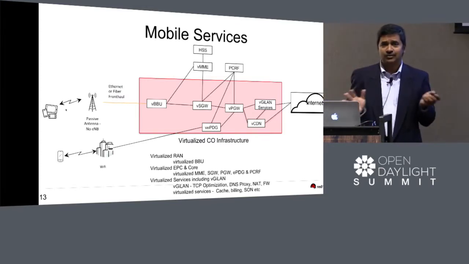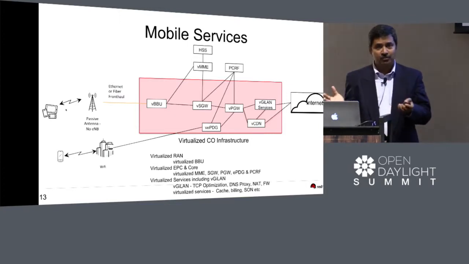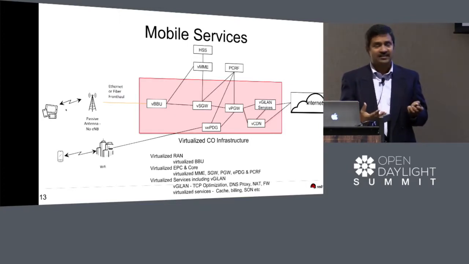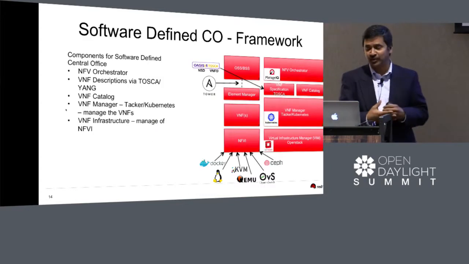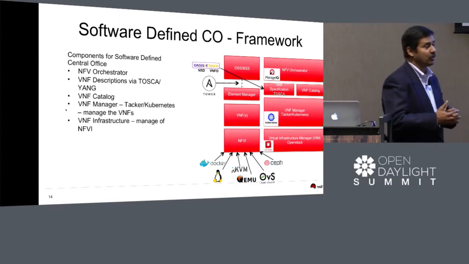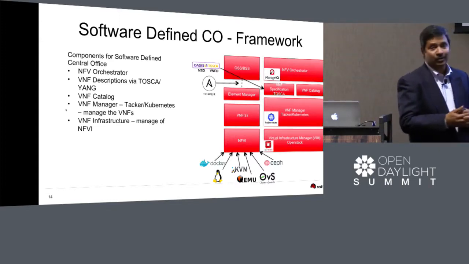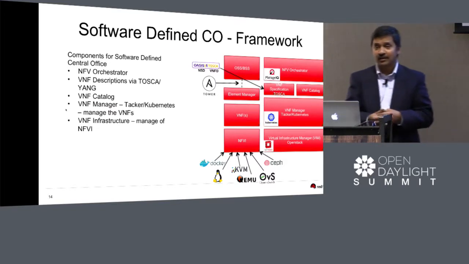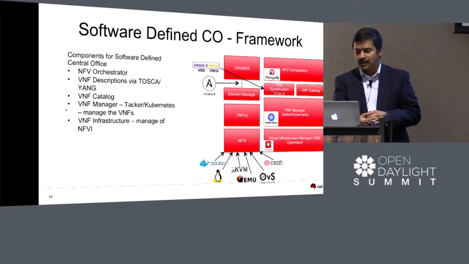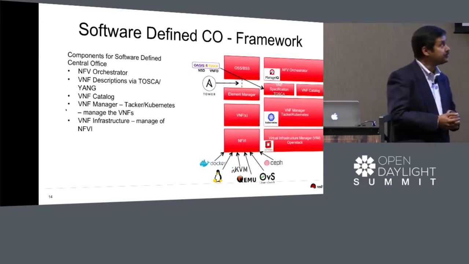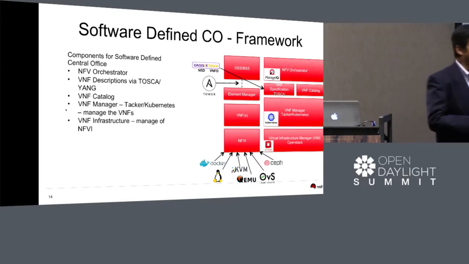Now, looking at these two high-level use cases, the residential and the mobile, how can we do it? What does it take to actually go virtualize? Let's put a framework in place together. What are the components that we need from an overall framework perspective? We need an orchestrator. We need some VNF specifications, configuration management capabilities and a catalog. We also need some VNF managers.